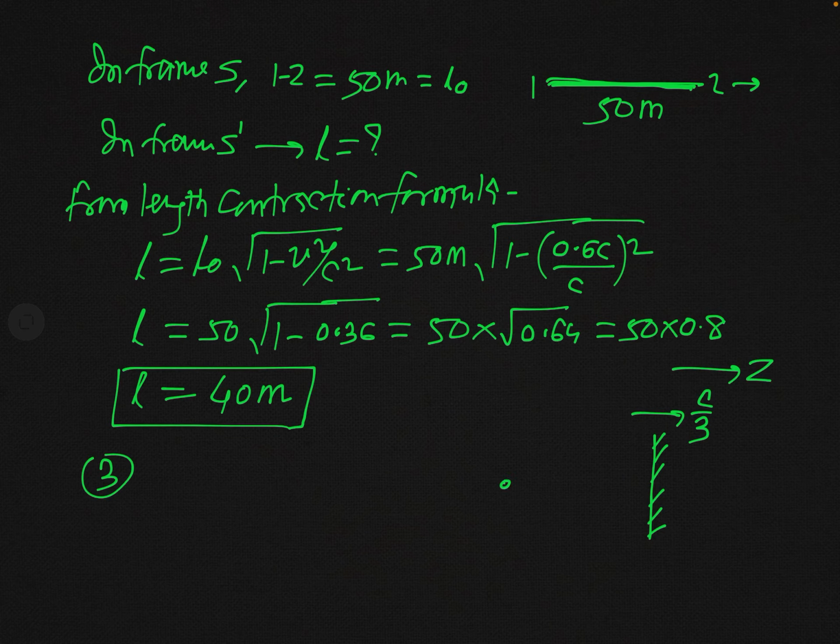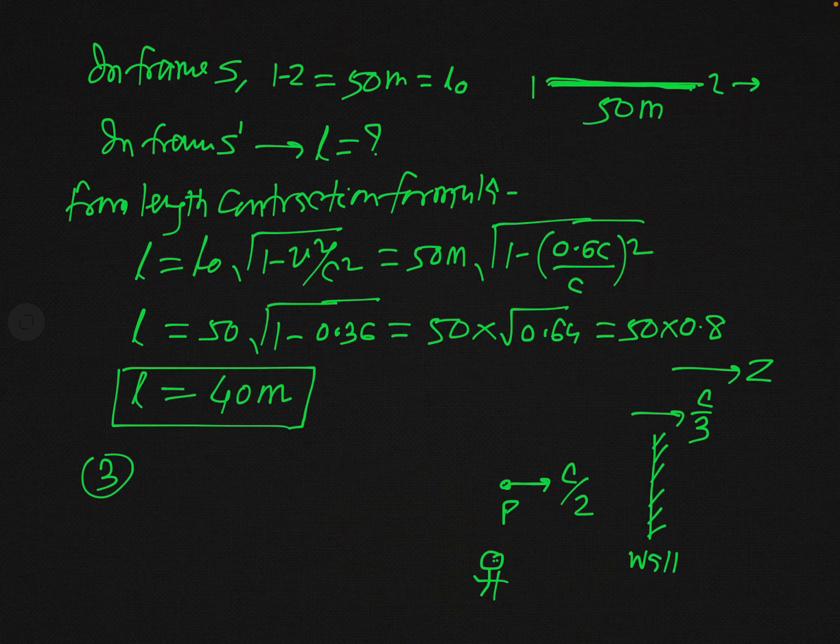And there is a particle, and this particle is moving in the same direction, that is in the direction of z hat, with a larger velocity c by 2. It means the velocity of this particle is greater than the velocity of the wall, and both are moving in the same direction. These two velocities, c by 2 for the particle and c by 3 for the wall, are given with respect to an observer fixed on the surface of the earth.